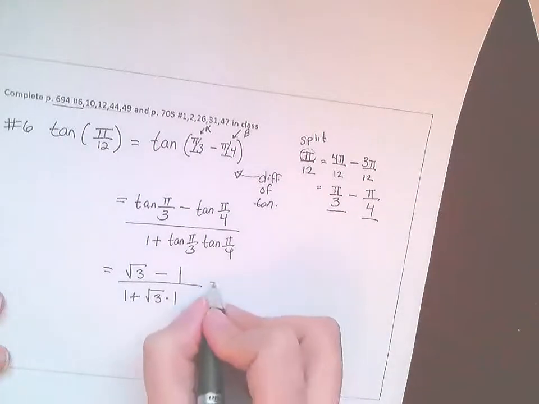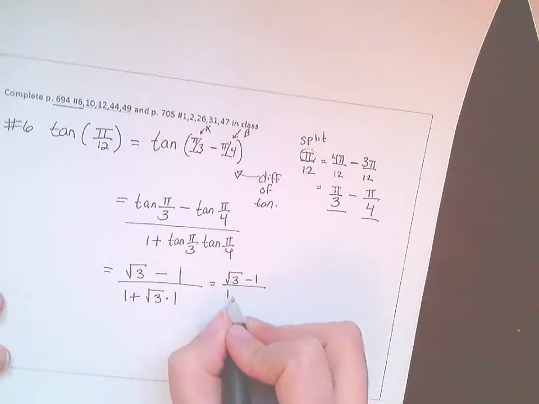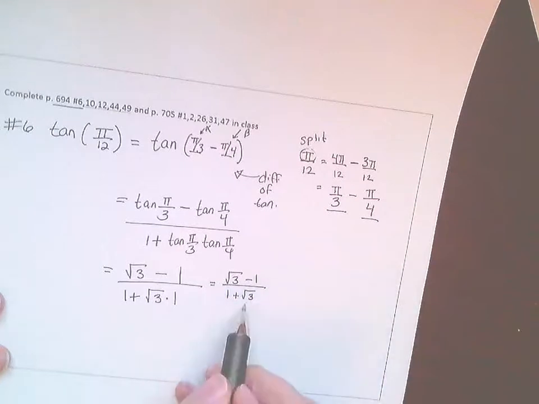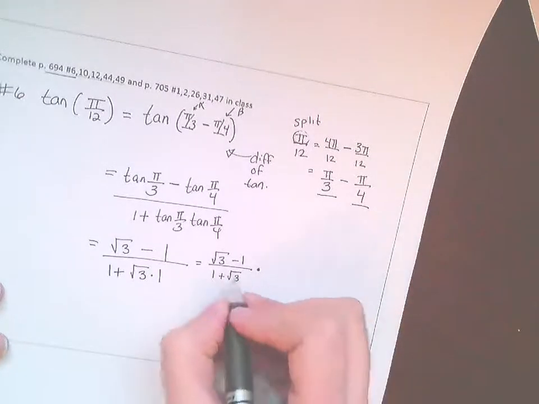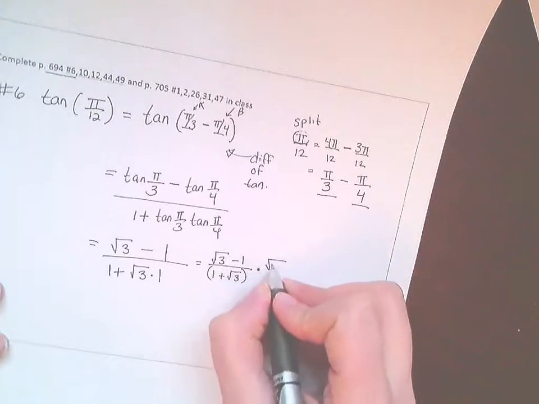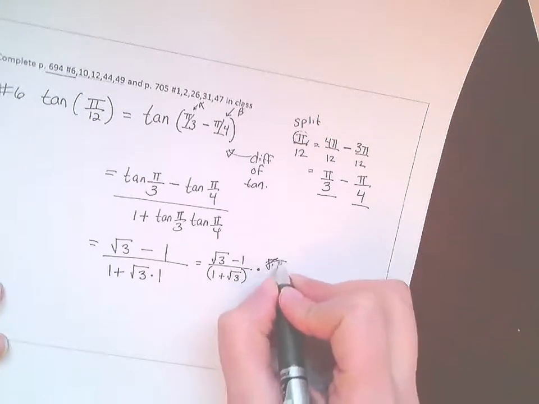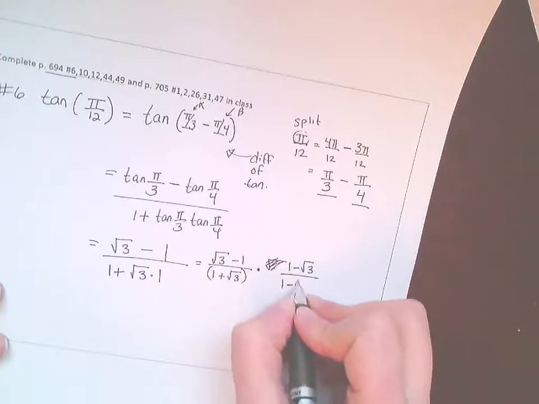Right now we have square root of 3 minus 1 over 1 plus square root of 3. But of course we can't have a radical in the denominator, so we rationalize the denominator. Because there's two terms, we multiply by the conjugate. Sorry about that. So it's 1 minus square root of 3 over 1 minus square root of 3.